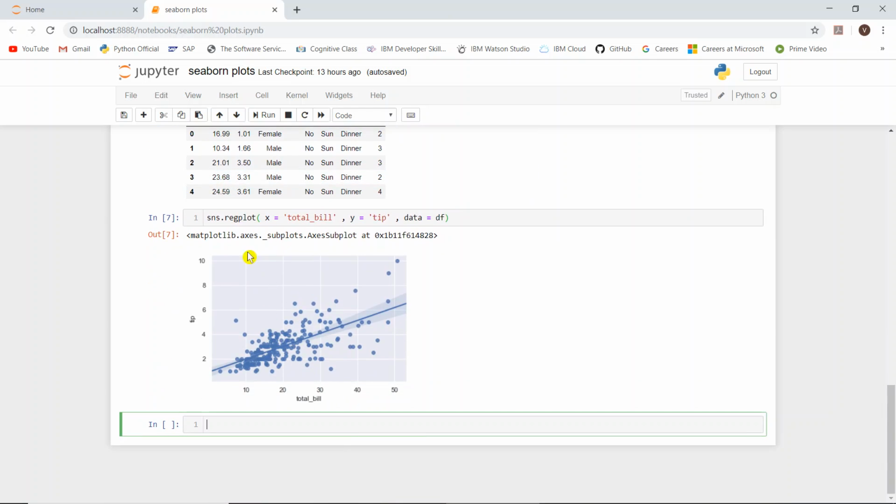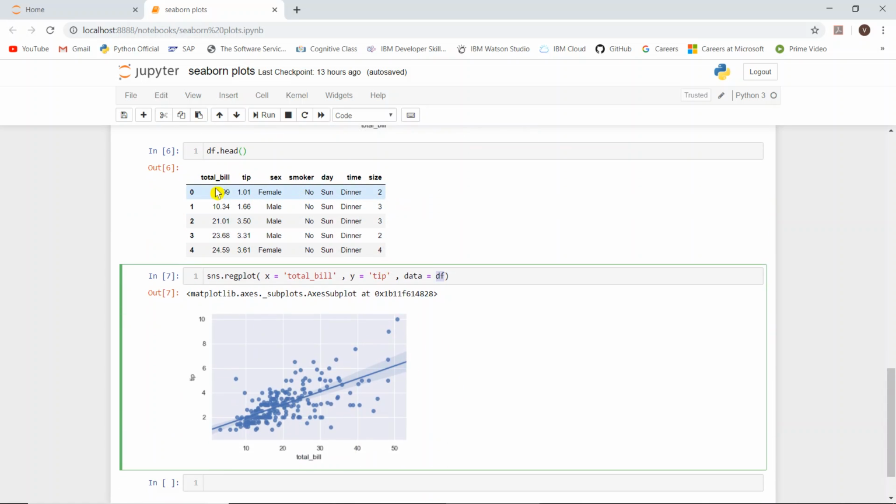In the last class we saw the regression plot, with total bill, tip and the data. This is our data set, right? Total bill, tip, sex, smoker, day, time, size. What if you want two different regression lines for male and female?